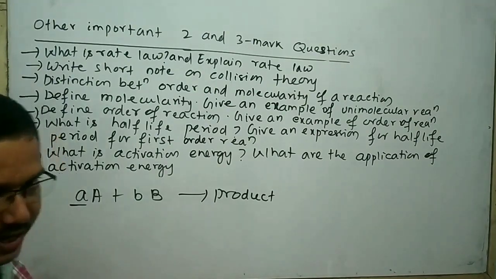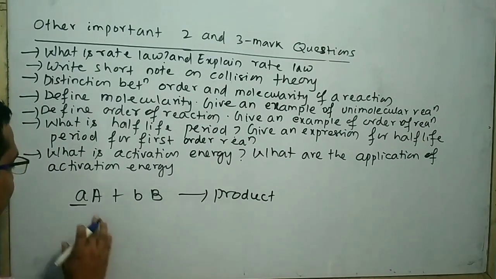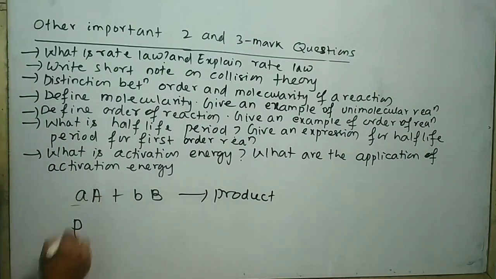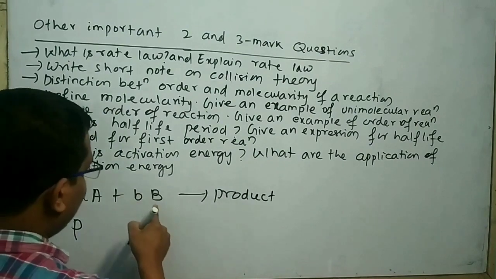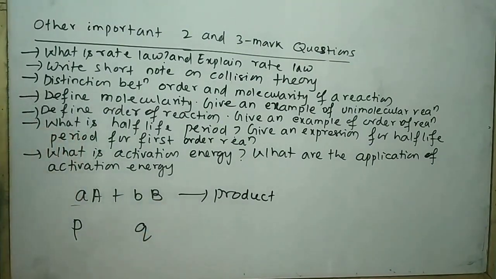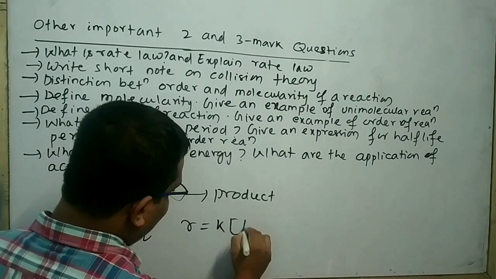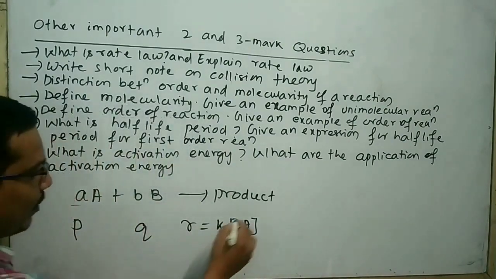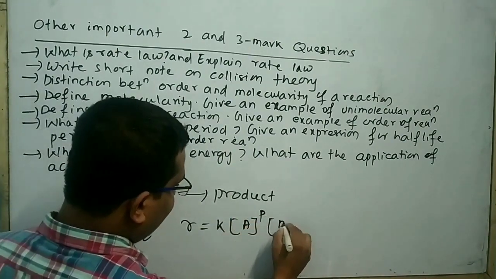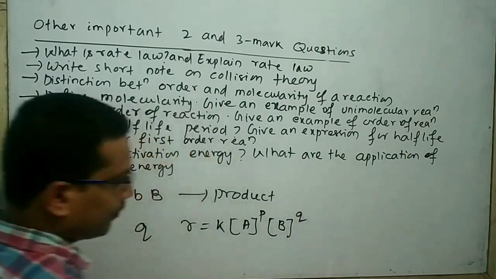It may or may not. Suppose p mole of A and q mole of B will affect the rate of reaction, then we can write R is equal to K into concentration of A power p into concentration of B power q.